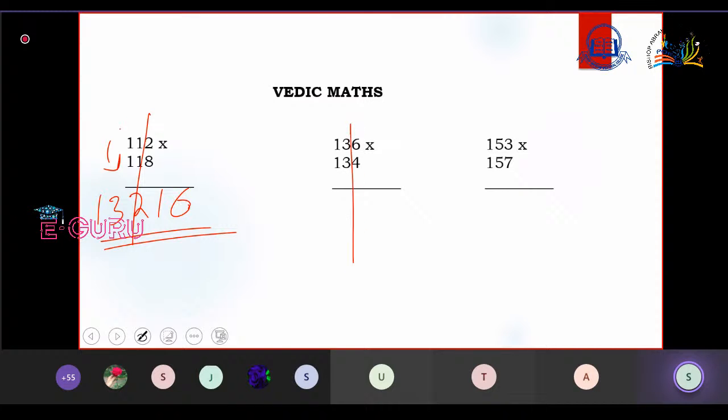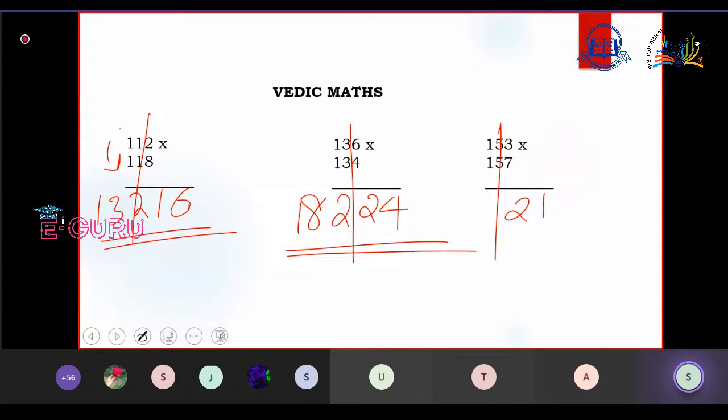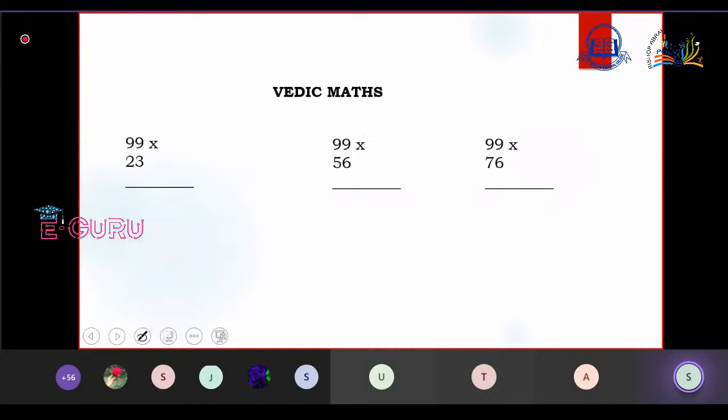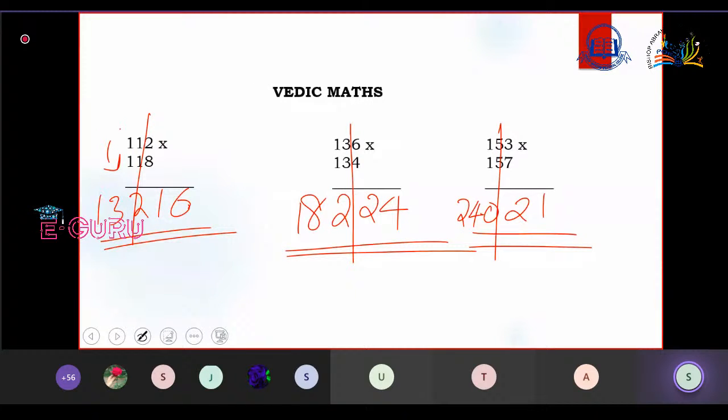Here again 6 into 4, 24, 13 into 14. 13 into 13 is 169, one more 13 means 182, right? So 18,224. Again 7 into 3, 21 and 15 into 16, 240, right? So 24,021.